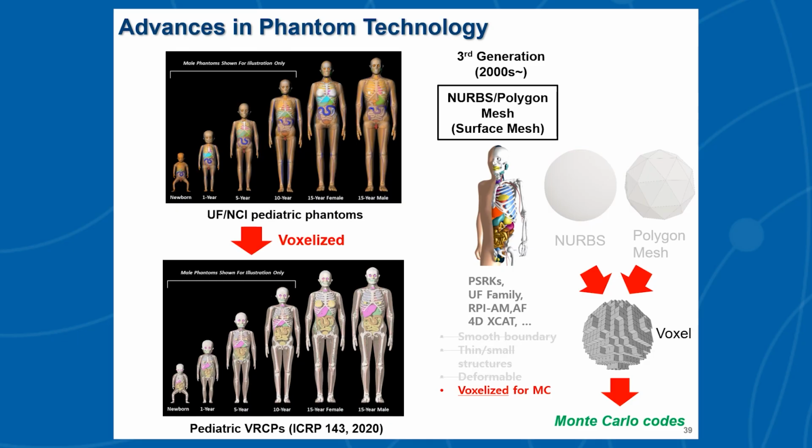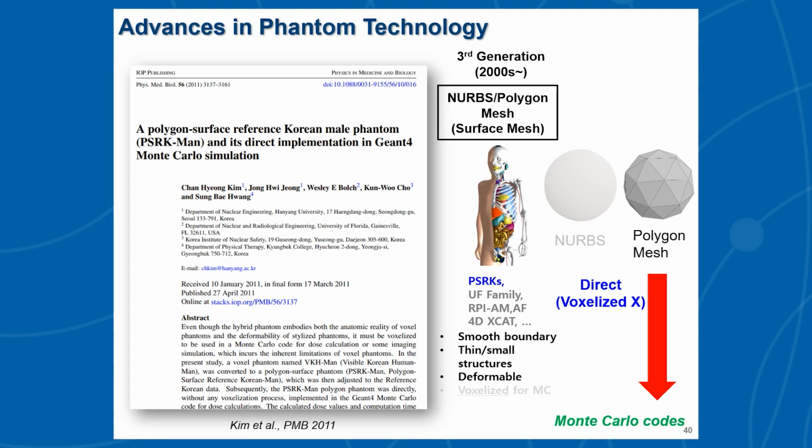It should be noted that the pediatric reference voxel phantoms were constructed from the voxelized model of the NCI pediatric surface phantoms. So in 2011, the Hanyang University research team developed the polygon mesh surface Korean phantom, and were the first to show that this polygon phantom can be directly used for the Monte Carlo dose calculations without any voxelization process.